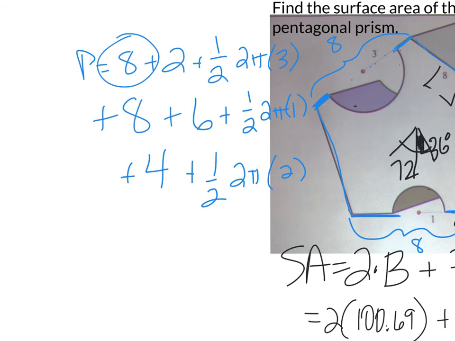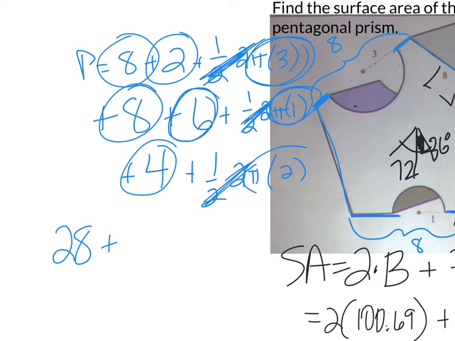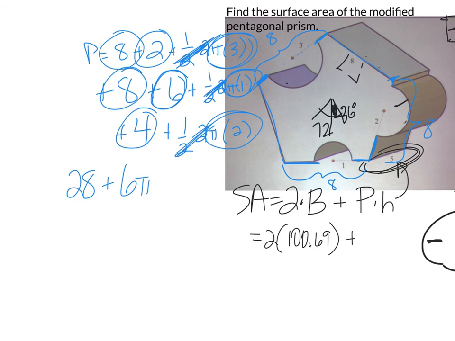So here's 8 plus 2. 8 plus 2 is 10, plus 8 is 18, and another 6 is 24, plus 4 is 28 straight units, plus, let's see, 3 pi, 1 pi, 2 pi, 3 plus 1 plus 2 is 6 pi, as the total perimeter of that modified pentagon.